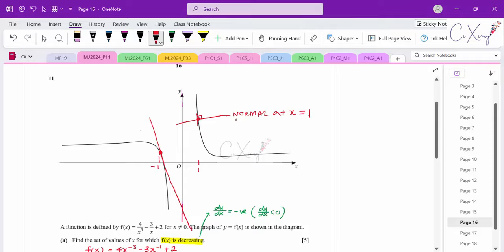For now, I try to extend all the lines for the normal and tangent so that I can see how they form a triangle with the y-axis. So I extend the tangent until it touches the y-axis, and for the normal also, I extend until they intersect with each other.